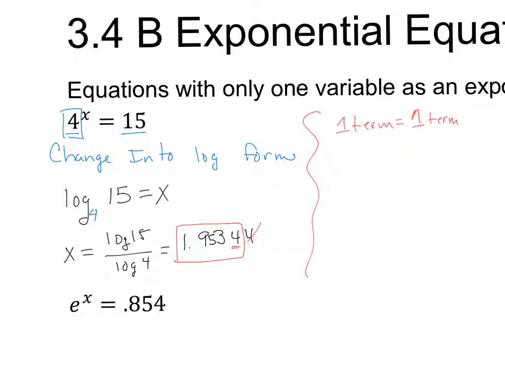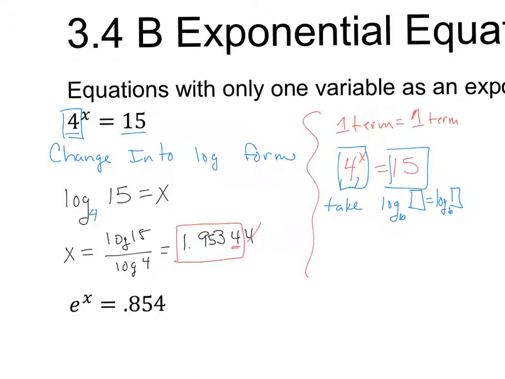You can also think about these equations, if you have 4^x is equal to 15, as taking the log of whatever base that you want is equal to the log of, again, whatever base you want. But this only works when you have 2 different terms like this.